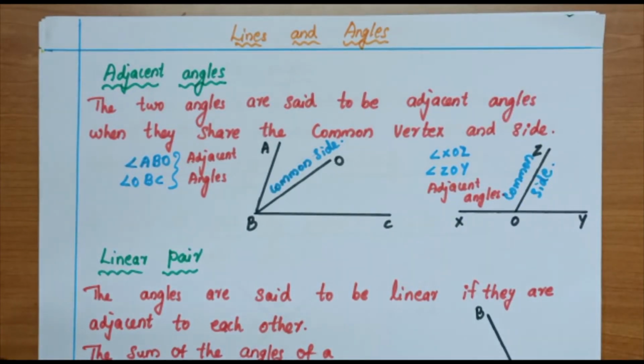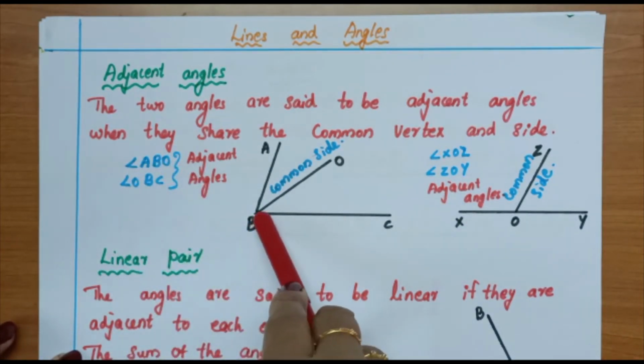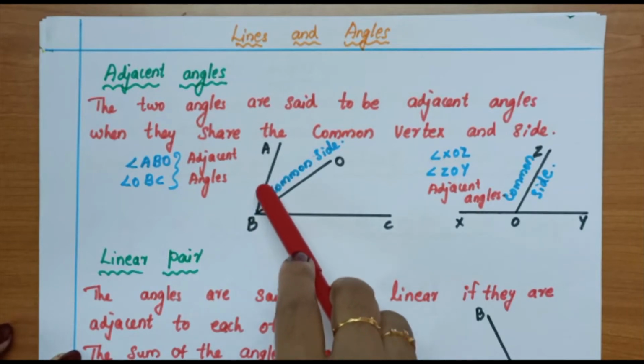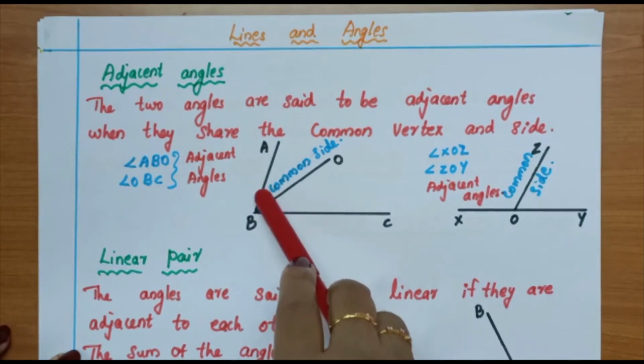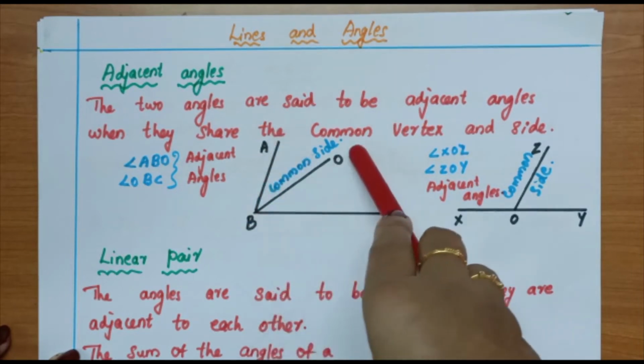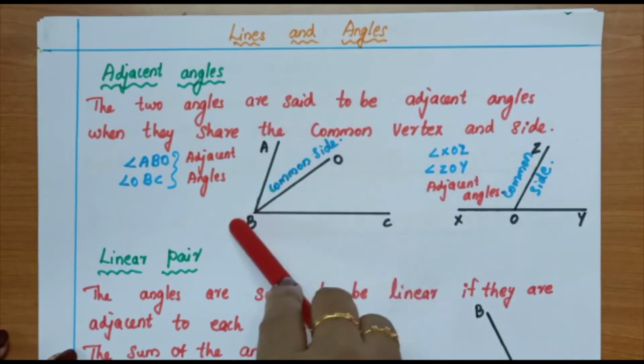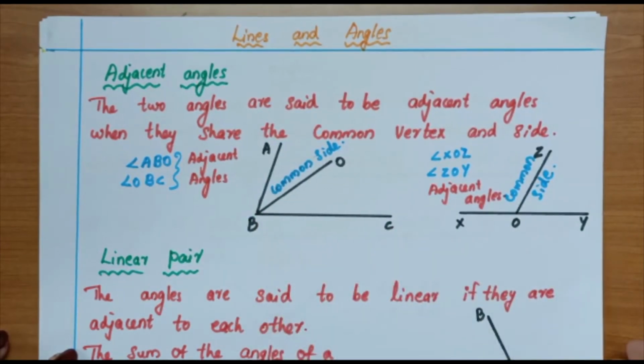When we talk about angles, the letter representing the angle should be in the middle. So here ABO, because B is the vertex and the angle representing point, we read this angle as ABO. Here ABO and OBC are adjacent angles.